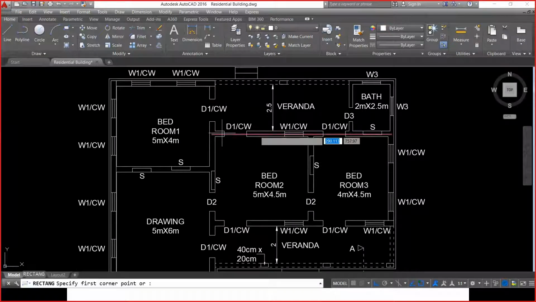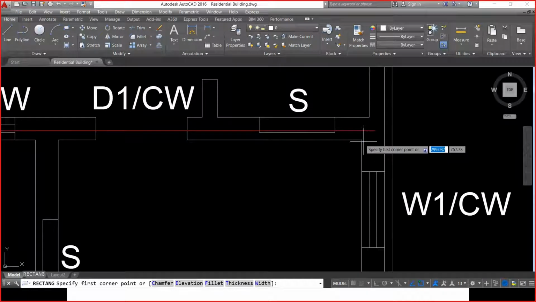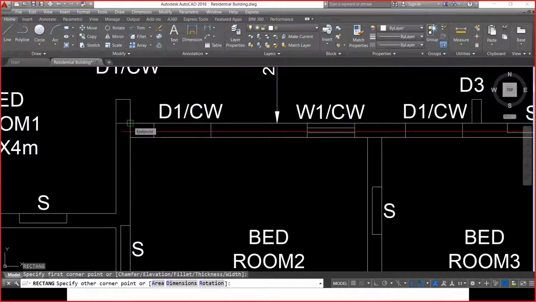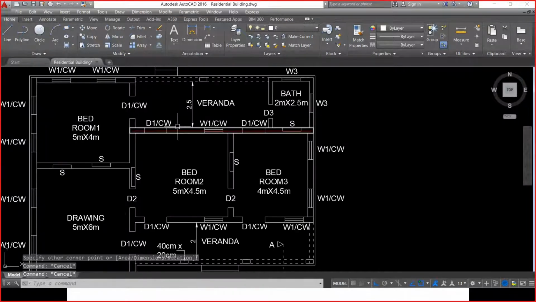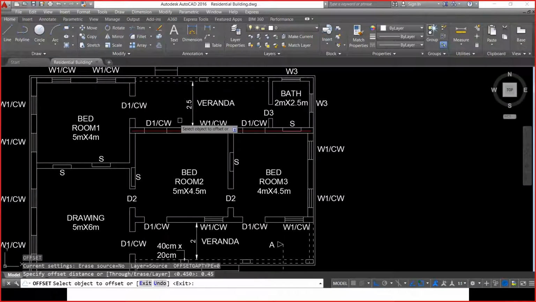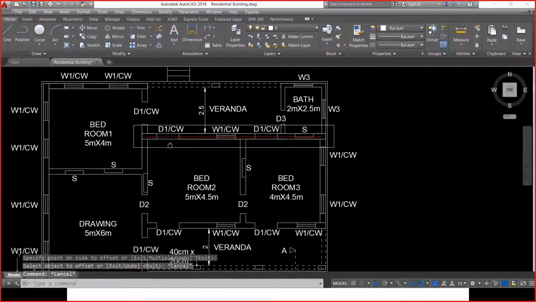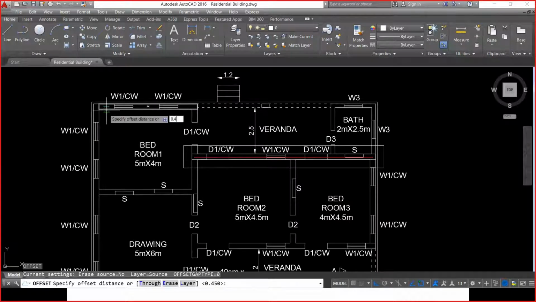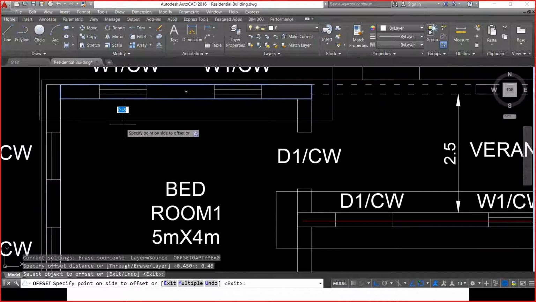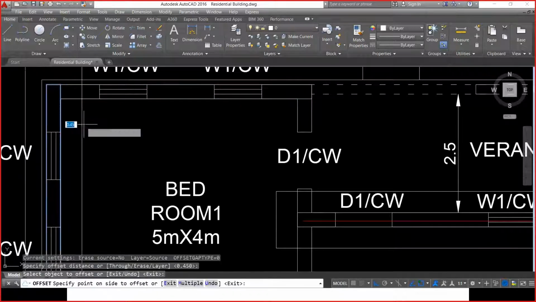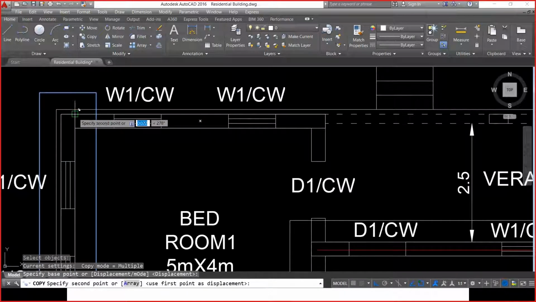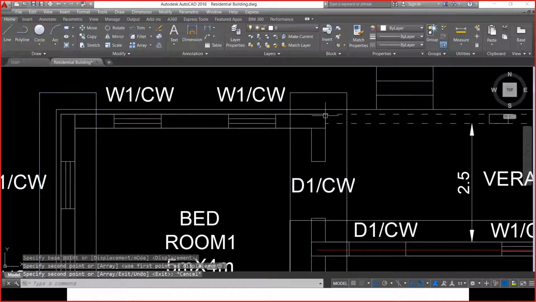Now, in order to make the excavation calculations, let me just draw this over here. In order to understand it better, I'll just take this as offset. So this is the plan view, and of course it indicates the excavation.